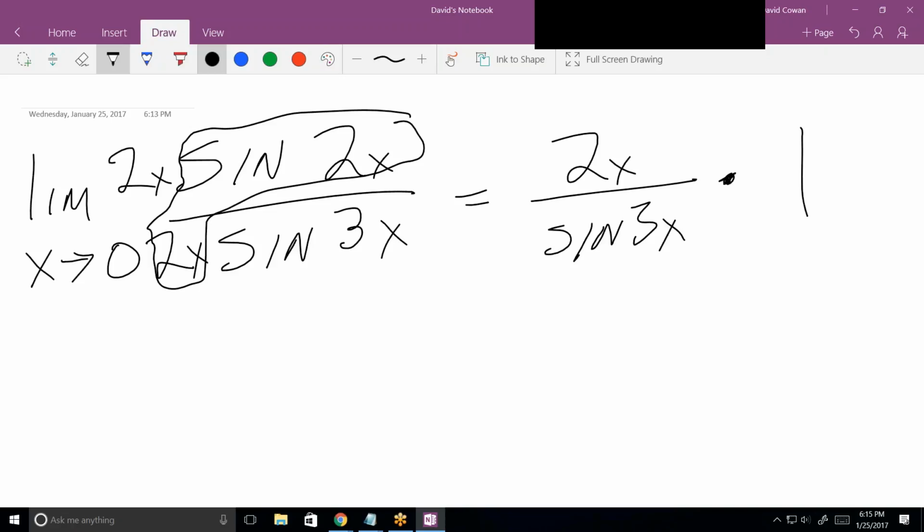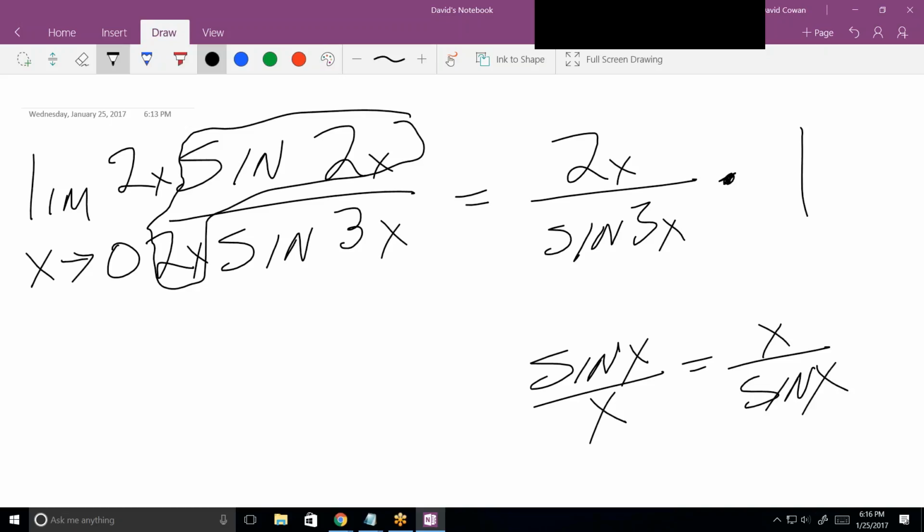With me? Okay. Now 2x over 3x is still 0 over 0, which is indeterminate. But if I can turn this into 3x over sine of 3x, that limit has to be 1 also. In other words, it's not just sine of x over x that goes to 1. It's also x over sine x that goes to 1.